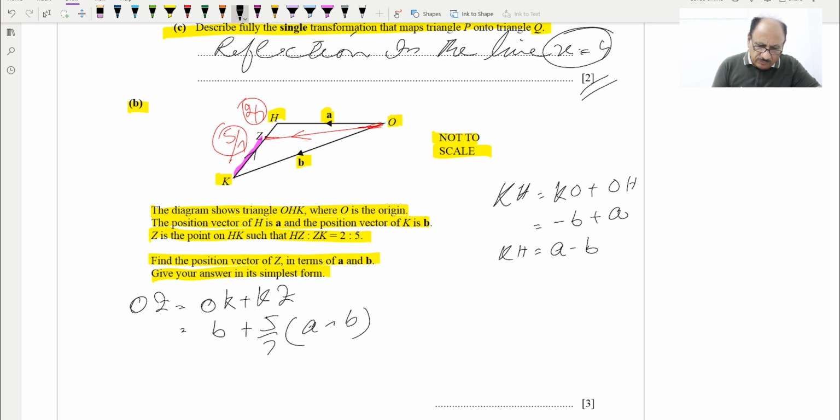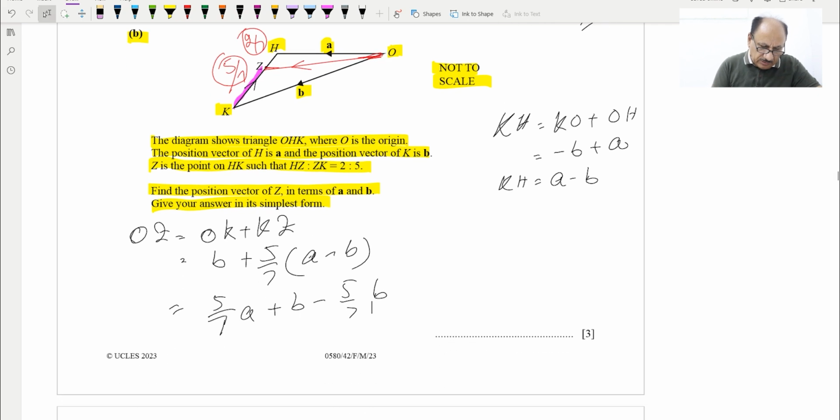Now we can open this, so it will be 5 by 7 a, and plus b minus 5 by 7 b, and we can simplify.